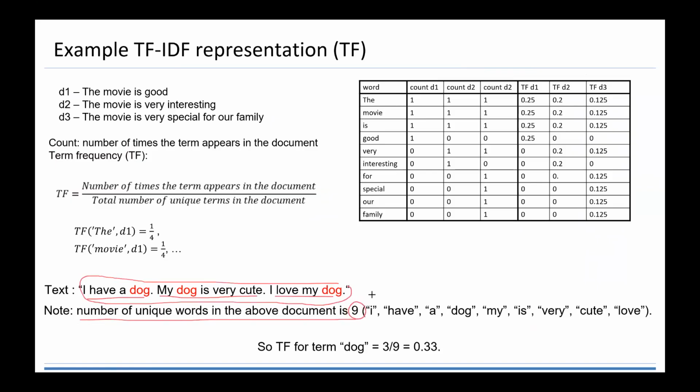You can see dog appears 3 times, and the others like my, is, very, cute, love are unique. So we can calculate the TF for the term dog as 3 divided by 9, which is 0.33. This is how we calculate the TF when several words appear multiple times in the document.